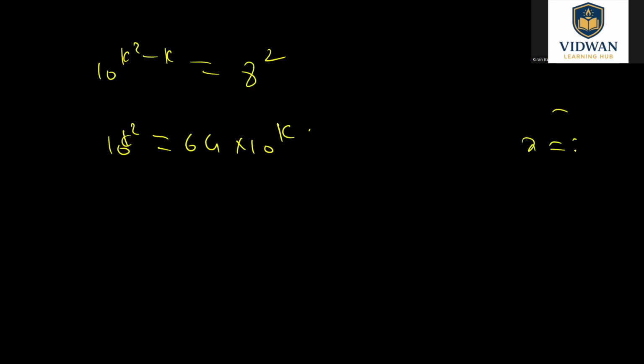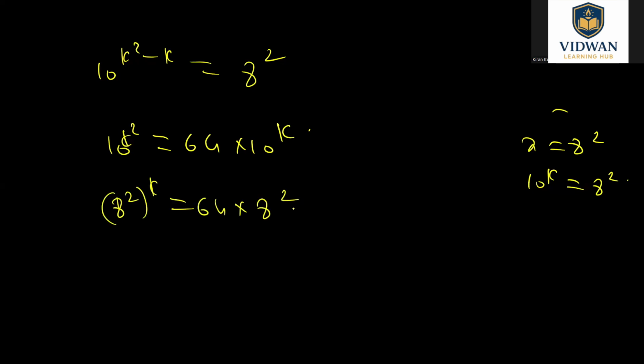So x is 8 square means 10 power k is 8 square. So this is 10 power k whole power k. So 8 square whole power k equal to 64 into 10 power k, which is again 8 square. So 8 power 2k is equal to 8 power 4. So if 2k is 4, k will be 2.